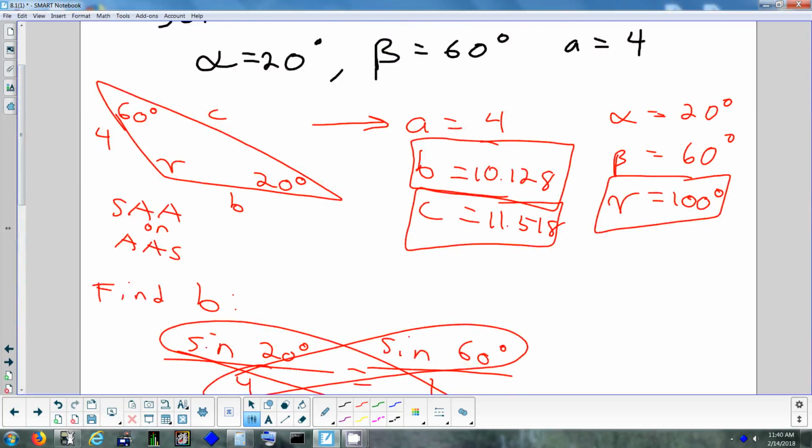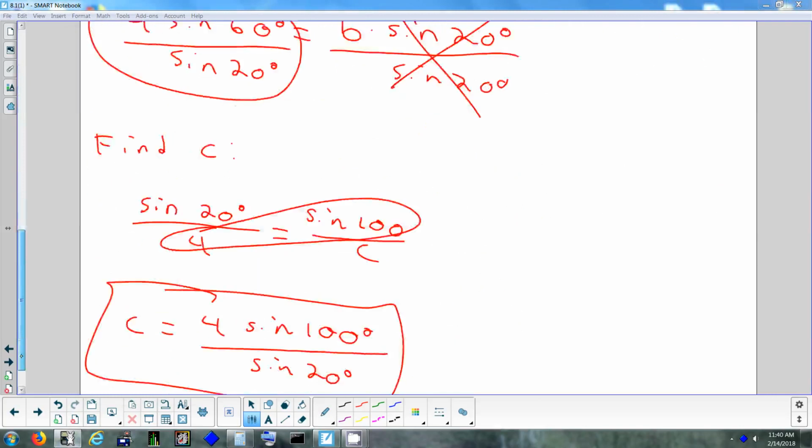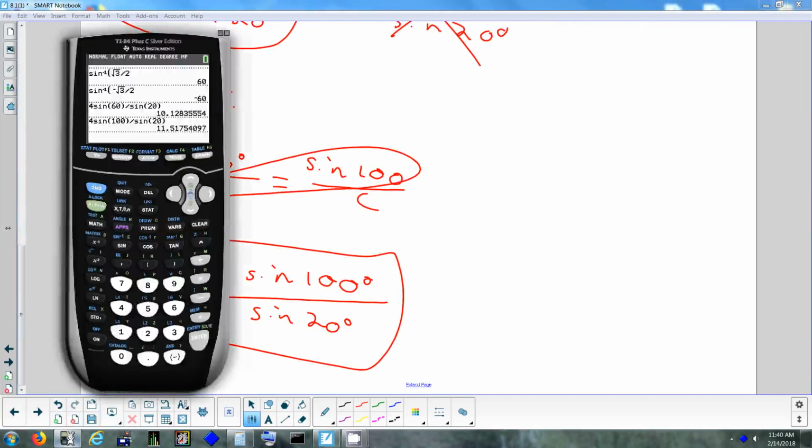Now, can I check that with the Pythagorean Theorem? Can I try a squared plus b squared and see if I get c squared? I might have typed it in wrong. 4 sine 100, I got like -2.21. If you get a negative for a side, something's definitely wrong. Are you in degrees? Yeah.